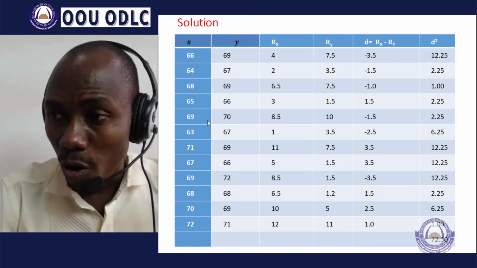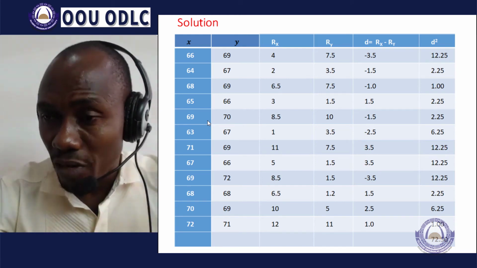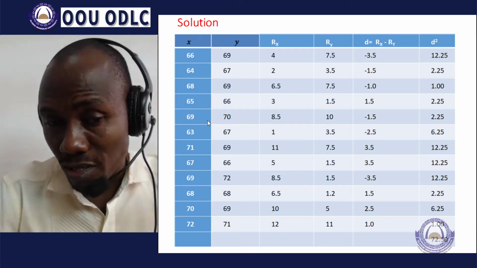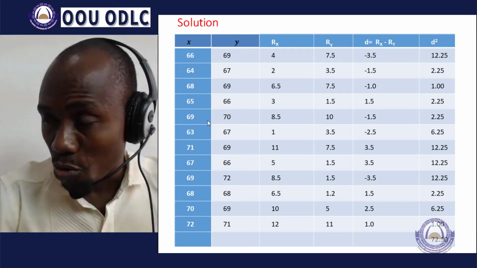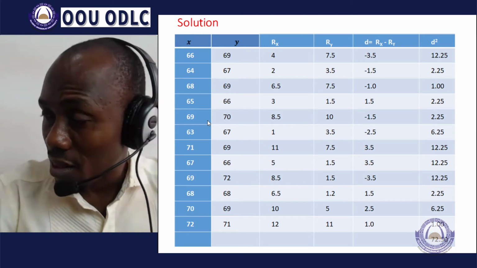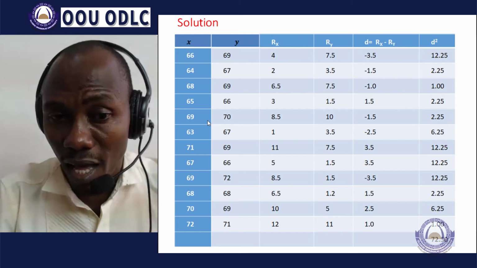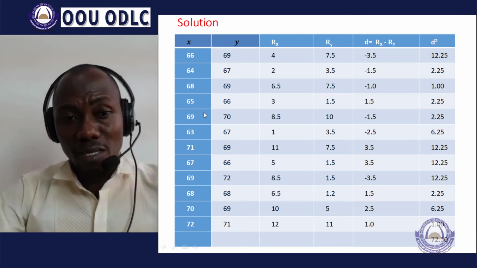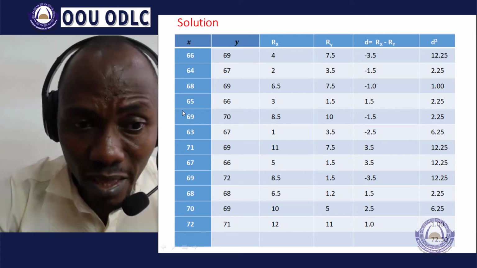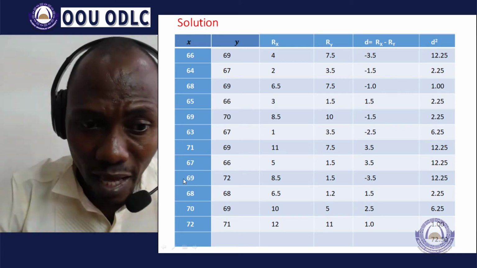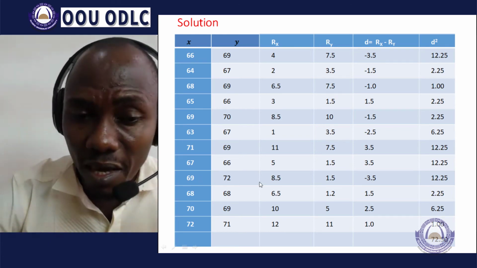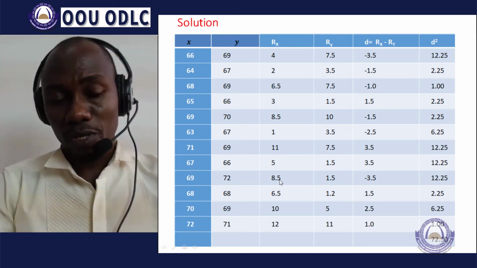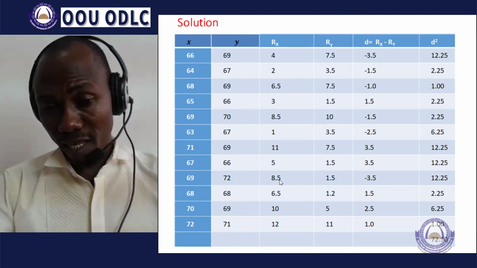So we find the average of 8th and 9th, that is 8 plus 9, which gives 17. Divide it by 2 to obtain the average of this ranking, and this gives us 8.5, which means the rank value for each of the 69s will be 8.5. This covers the position of the 8th and the 9th value.